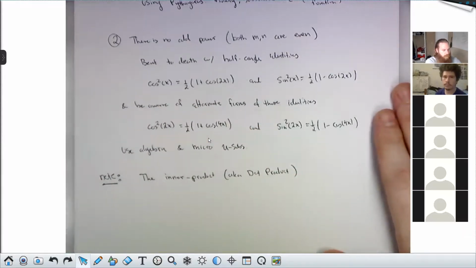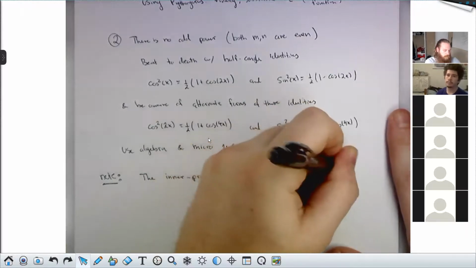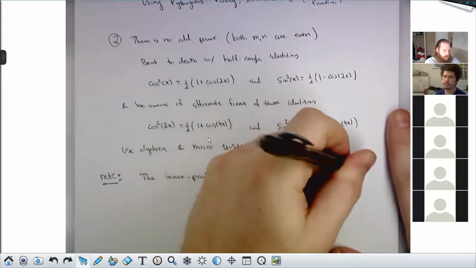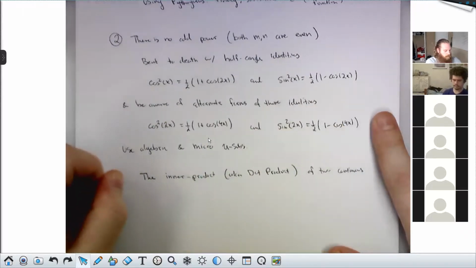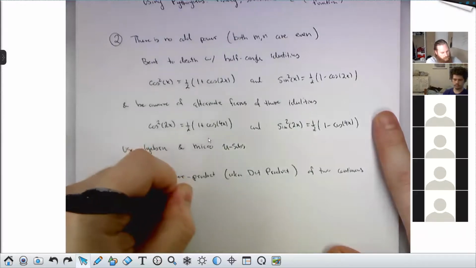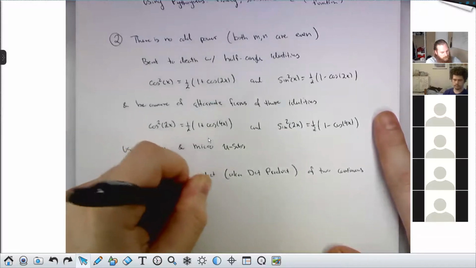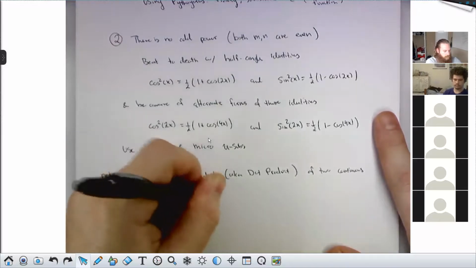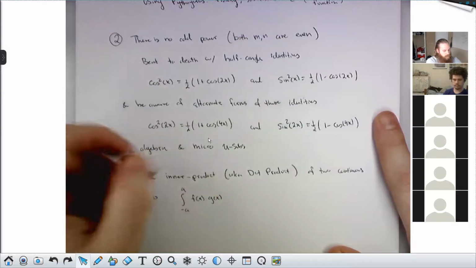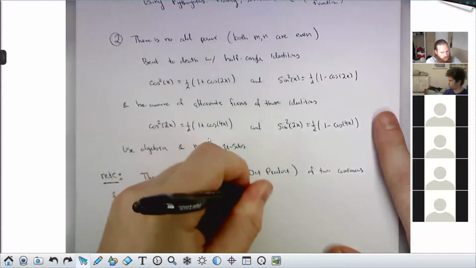You don't even have to write it down. The inner product of two functions is the integral from negative a to a of f of x times g of x. All right, this is what we call the dot product of f and g.